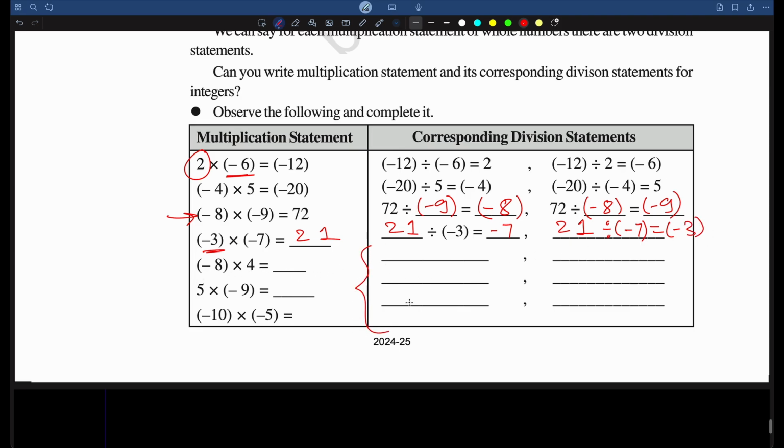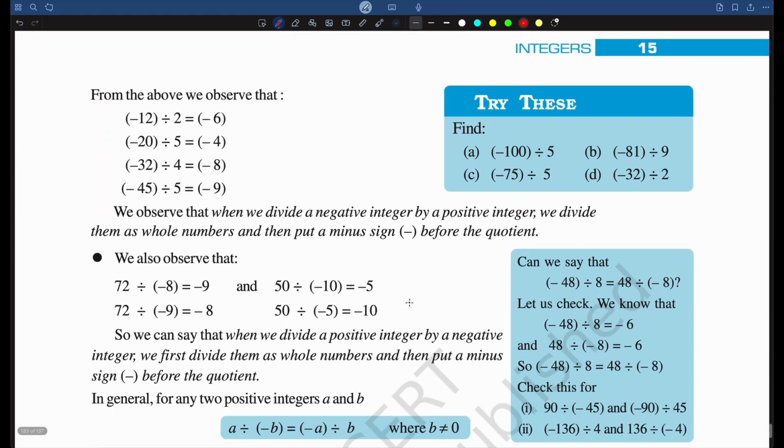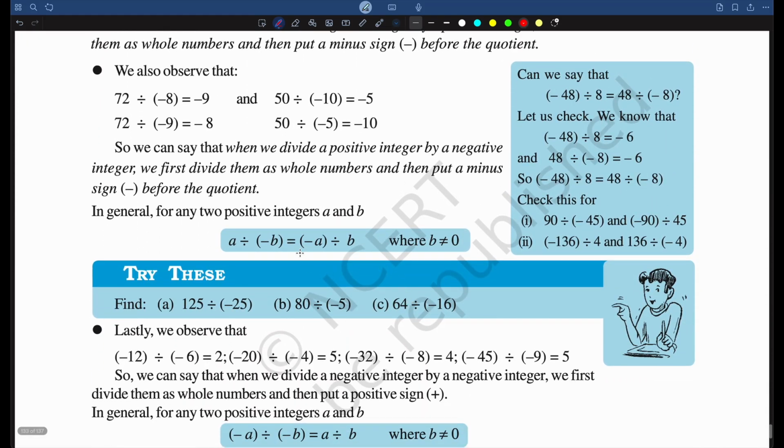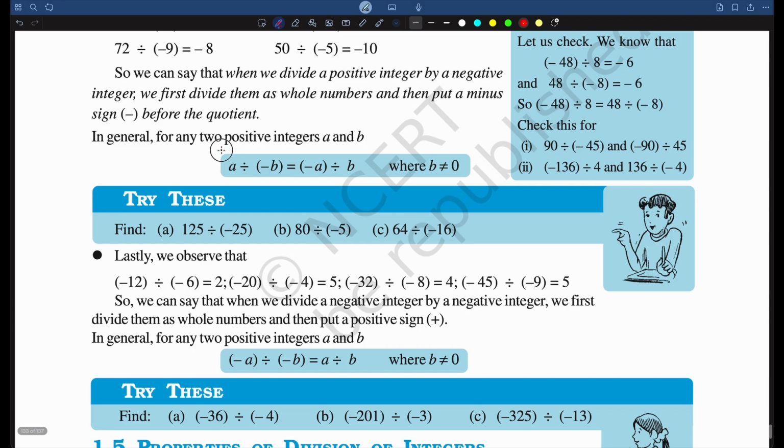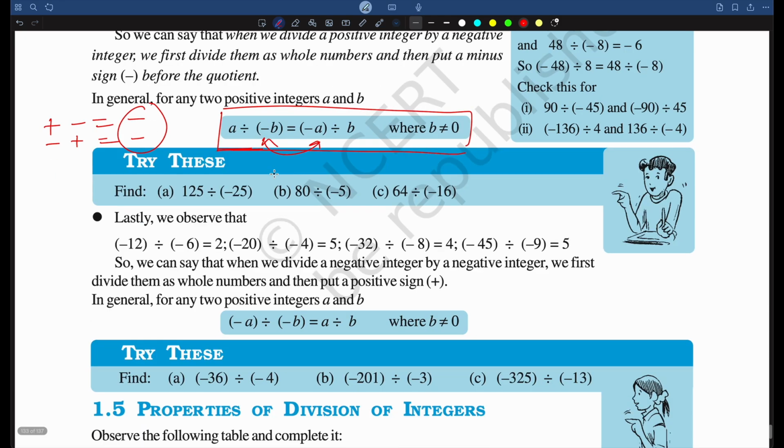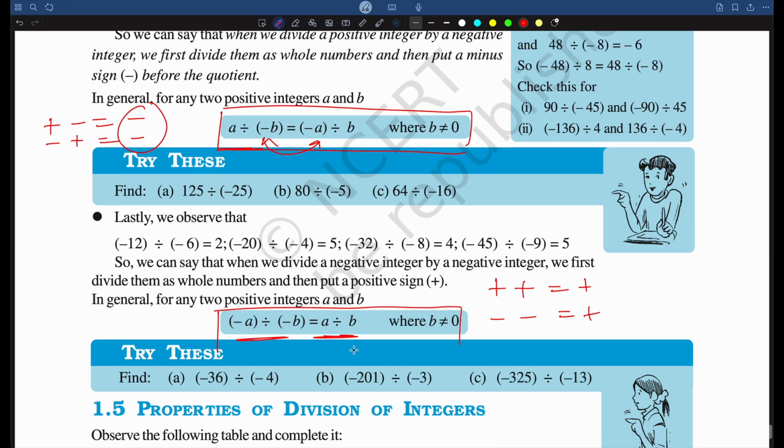Similarly, for all, we have seen these two properties, that is plus into minus is minus and minus into plus is minus. Both the answers are same, so we can put negative sign in numerator or denominator. Both the answers will be same. Similarly, for same sign, that is plus into plus is plus, minus into minus is also plus. So if we put both the signs negative or both the signs positive, we get the answer same.